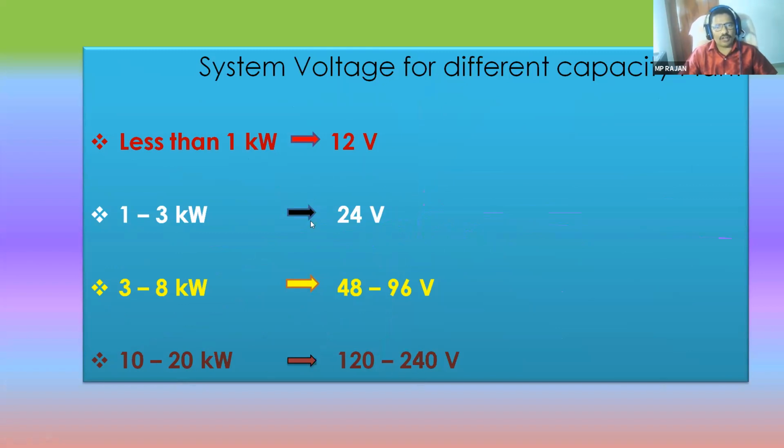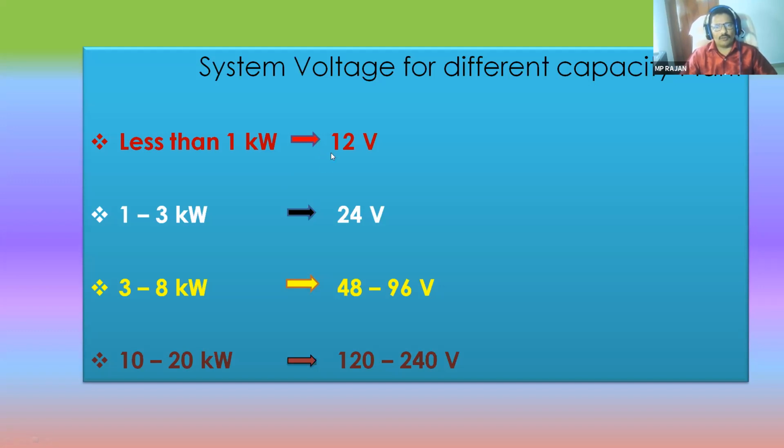This is so important because when you are selecting an inverter, you have to look at the inverter specification. In that specification, it will be mentioned what the DC input range is. Some range will be given, for example, 10 to 14 volt.